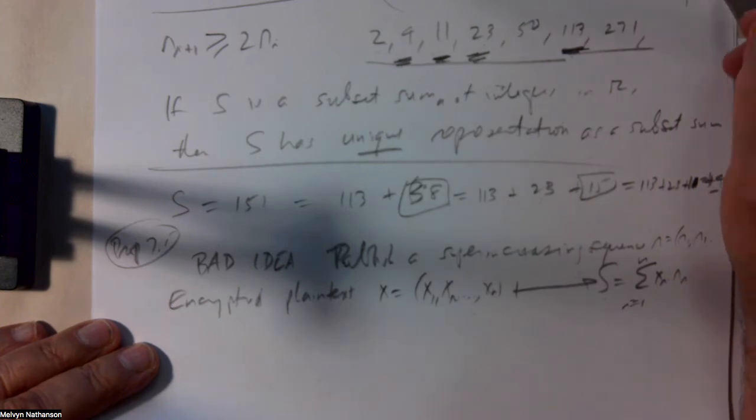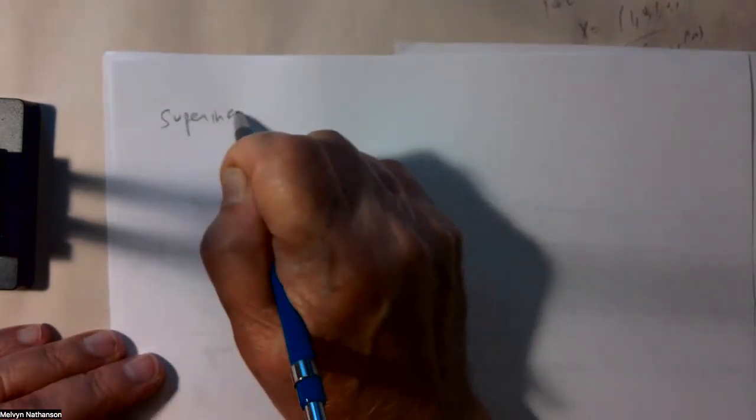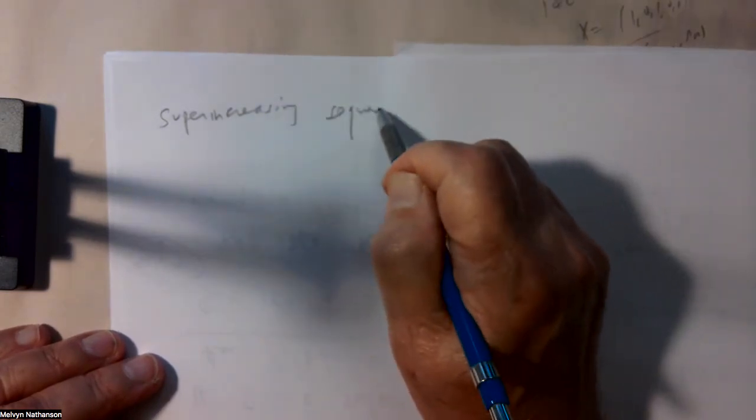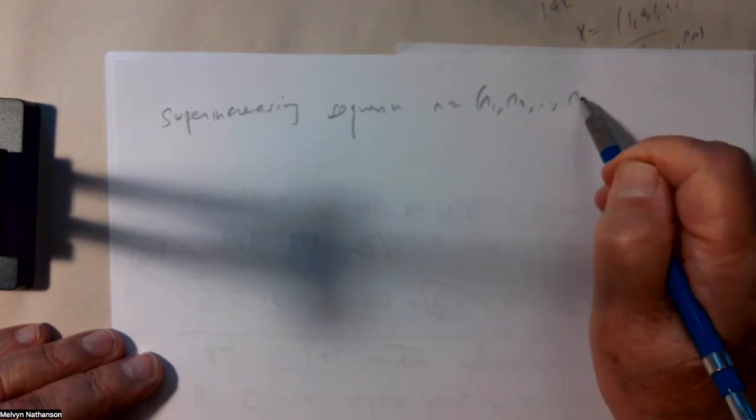So the way you modify this is as follows. So again, we have our super increasing sequence, R1, R2, up to Rn.